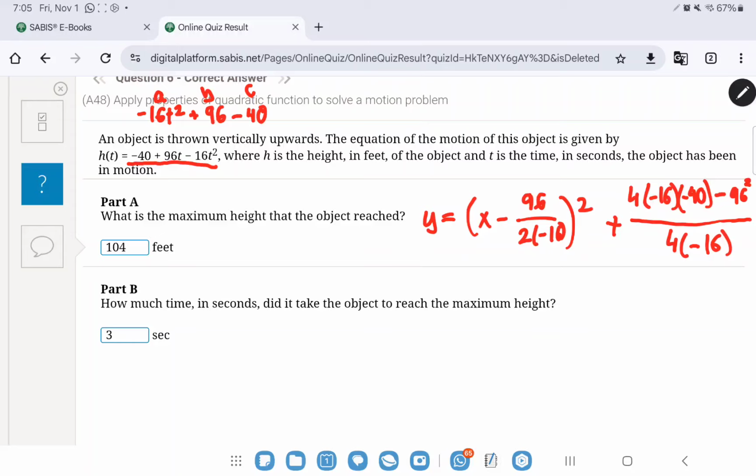96 divided by 2. I'm doing it, don't worry guys. So this part is gonna be y equals x minus 3 squared.